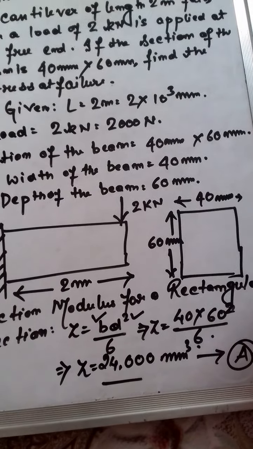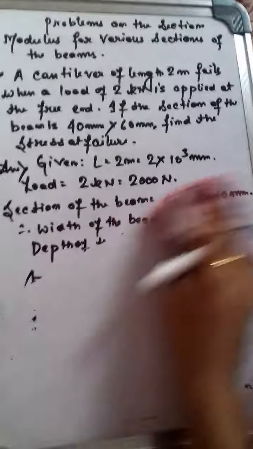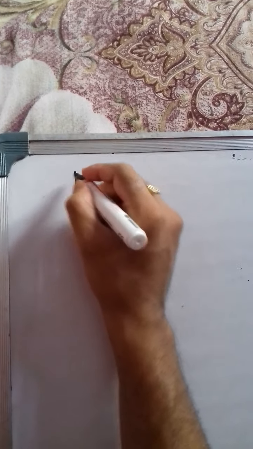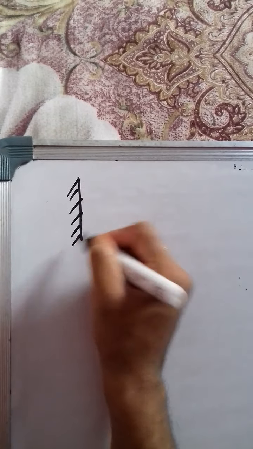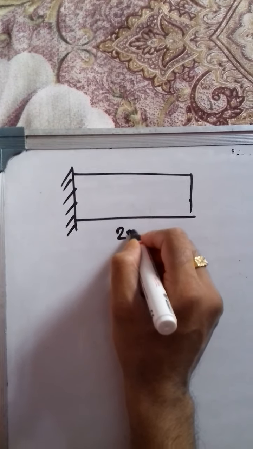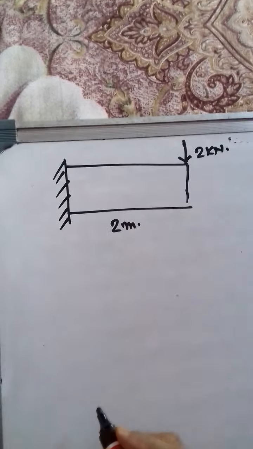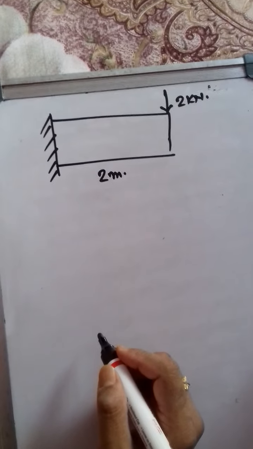Okay, now let us calculate the bending moment. How to find out the bending moment? See, this was the given figure. This was the cantilever 2 meter, and this is a point load at the free end.